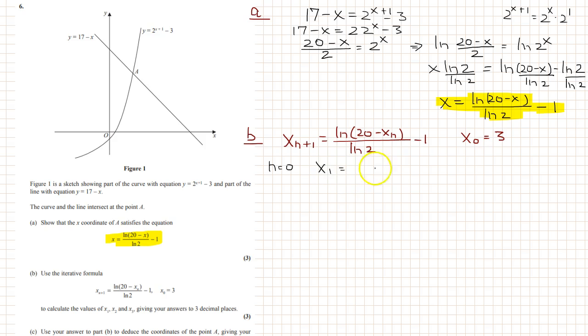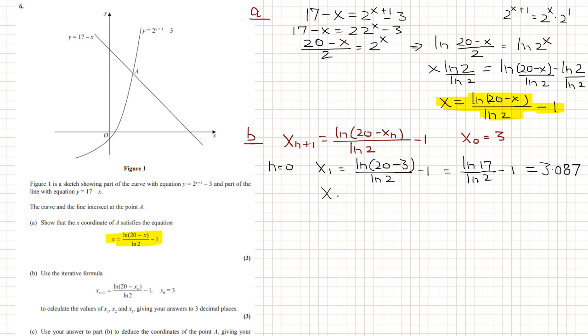So x1 is equal to ln((20 minus x0, which is 3) over ln 2) minus 1. So that is ln(17) over ln 2 minus 1. That is equal to 3.087.